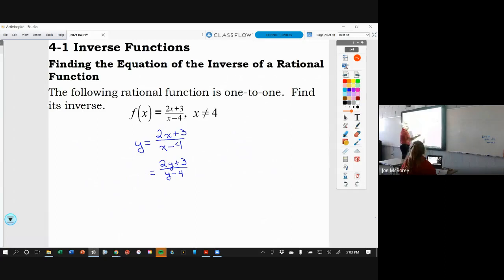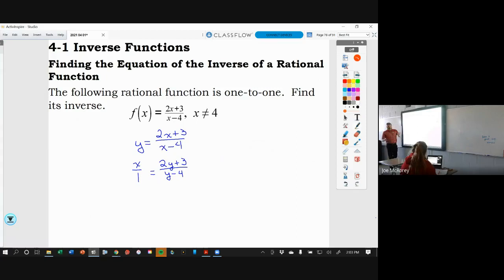Some people might want to write x over there as x over 1, because now it looks like a proportion. And proportions can be changed really quickly to not being fractions by cross multiplying, right? So if we cross multiplied here, we would have x times y minus 4 and 1 times 2y plus 3.